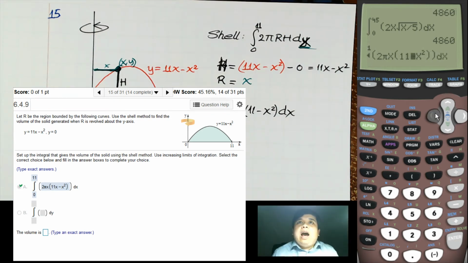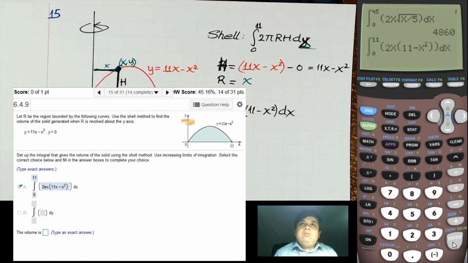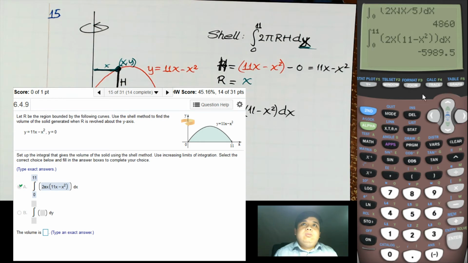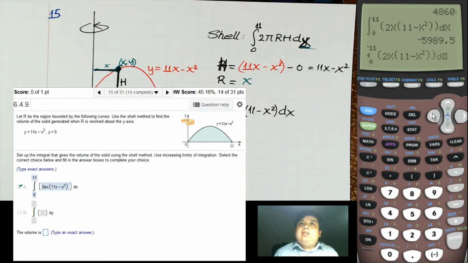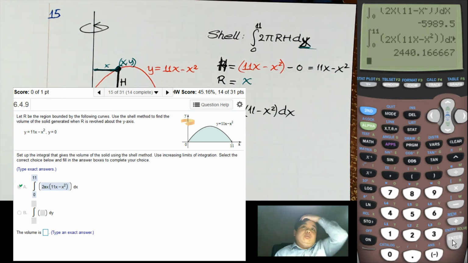Remember, we take the pi out of it. Once again, we need to enter that correctly. The answer is not supposed to be negative.